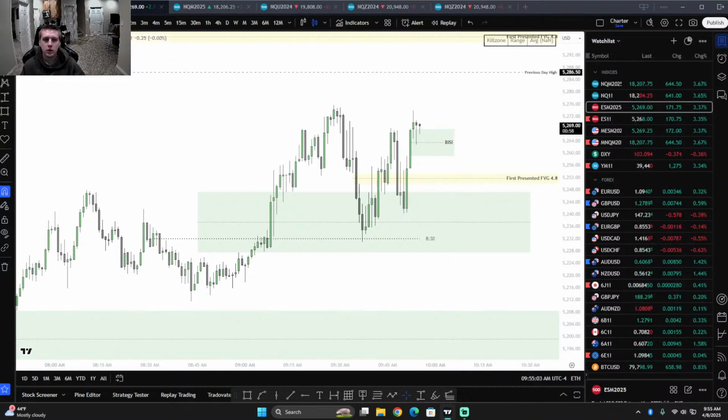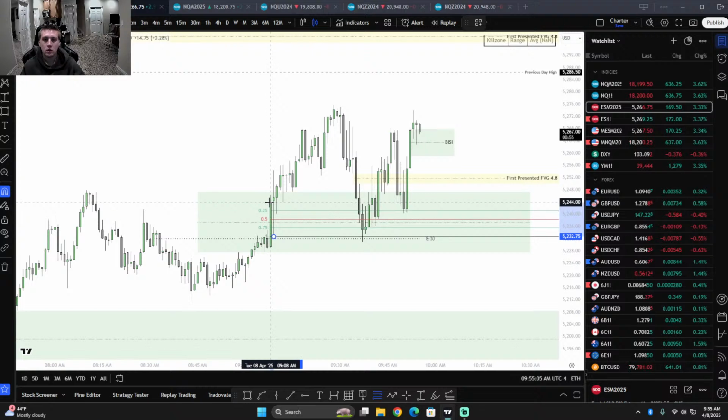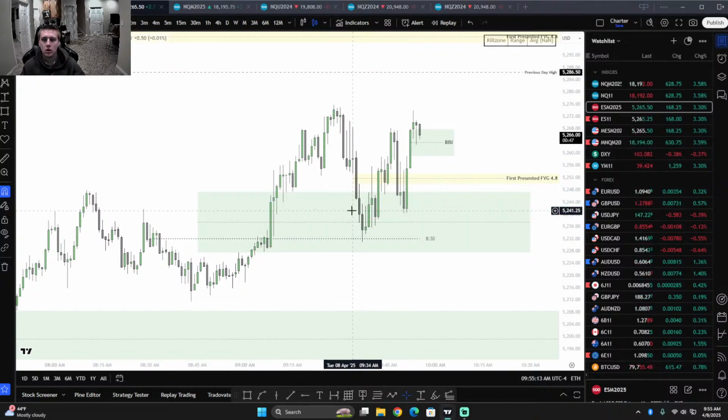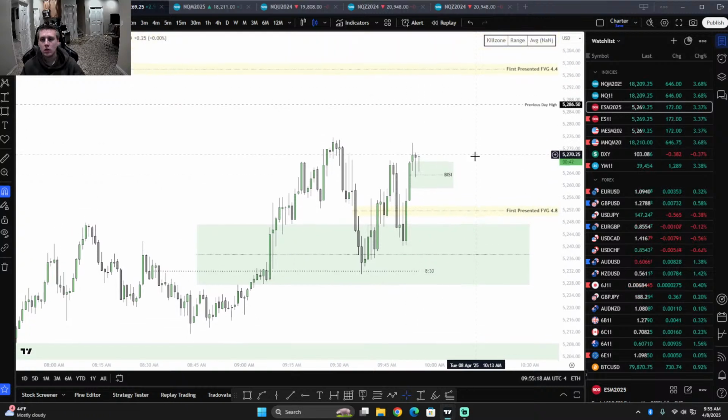How did we use this wick? I'm curious. Upper quadrant. Okay, now let's see if we get that displacement.